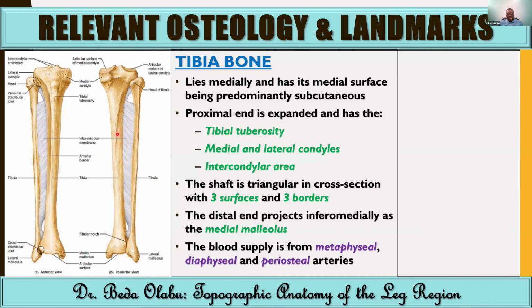So basically the vessel enters through a Newton foramen that is usually located around this region, mainly on the proximal parts of the shaft. And that's again important, that the Newton artery, the diaphyseal artery of tibia, enters the shaft mainly on its proximal parts as opposed to its distal parts.